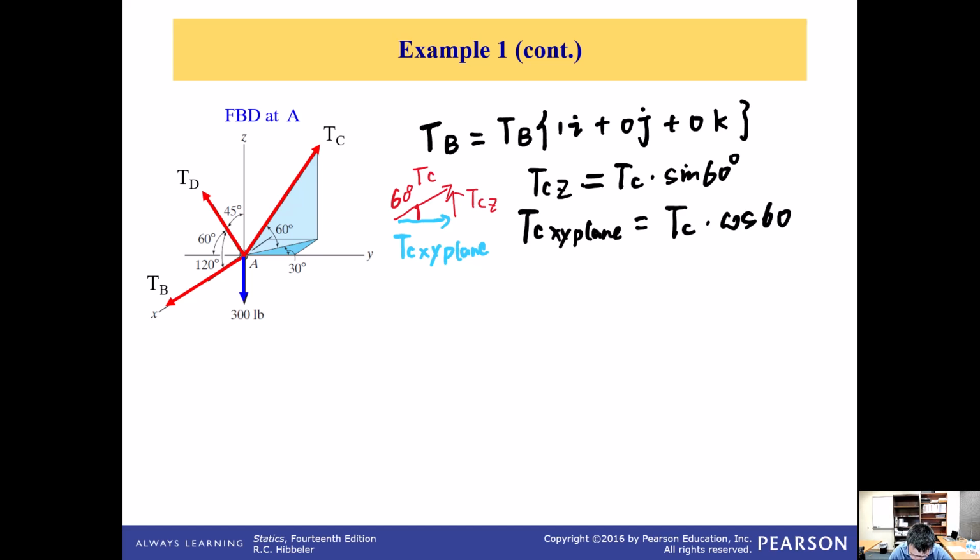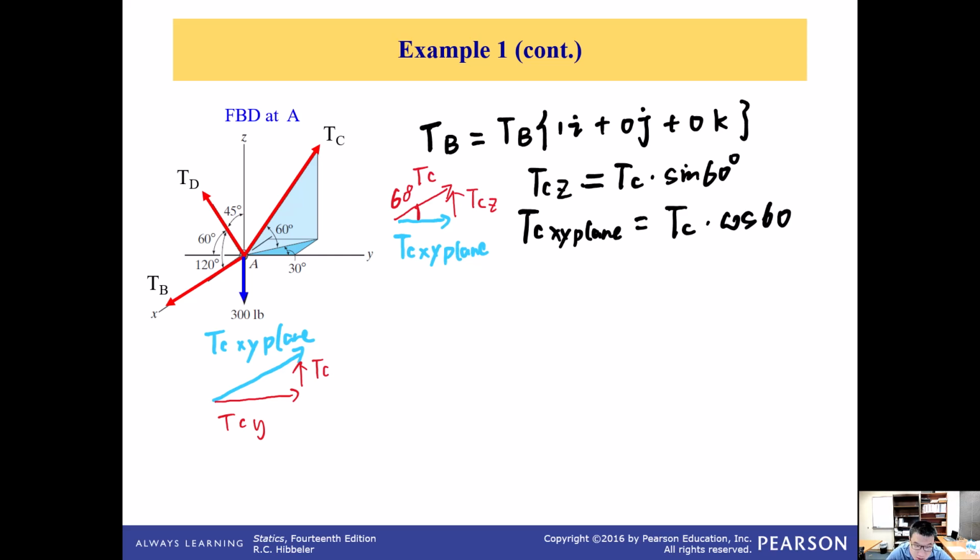And then in the XY plane, we have TCXY, and also we have TCY and TCX, and this angle is 30.